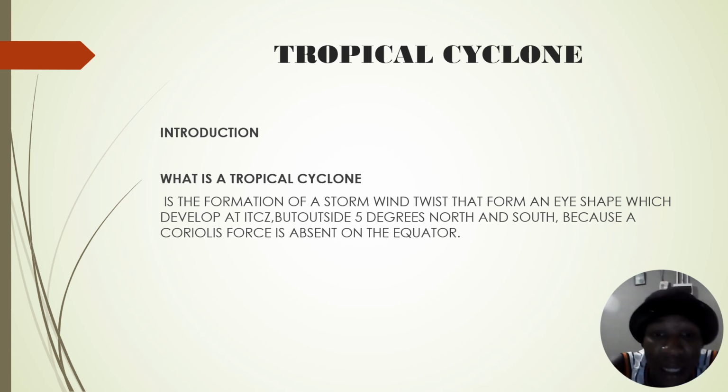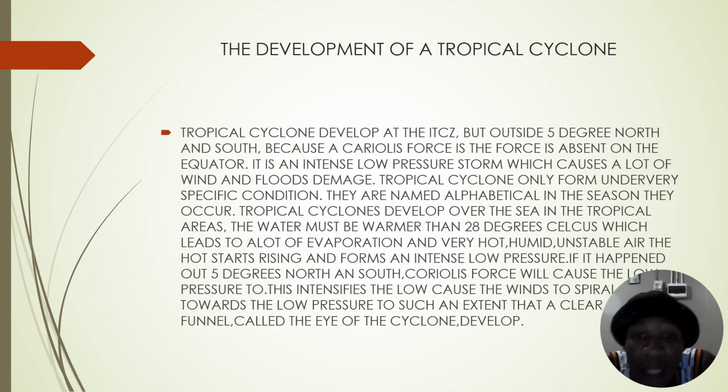So the next part, guys, we will be looking at the body part, which is the development of a tropical cyclone, and how does the tropical cyclone develop. That's what we are going to be looking at now. So a tropical cyclone develops at the ITCZ zone.